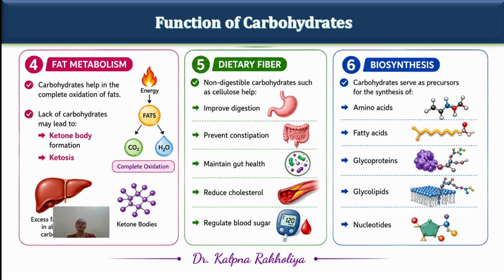Not just providing energy, it also acts as a precursor, meaning the first molecule that can lead to the synthesis of other molecules. So carbohydrates serve as a precursor for the synthesis of amino acids, fatty acids, glycoproteins, glycolipids, as well as nucleotides.